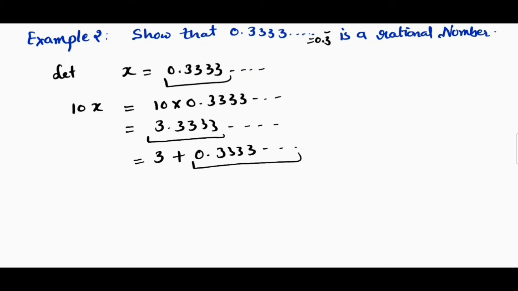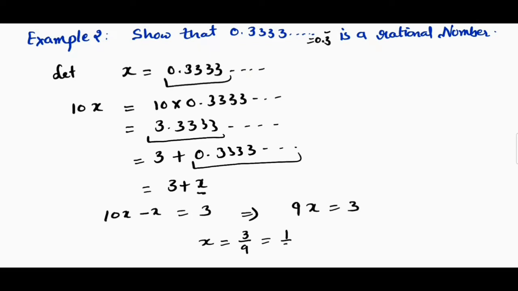So here I'll put this value. This will become 3 plus x. So now I will solve this equation for x. So this will become 10x minus x, I will take this x to the other side, is equal to 3. So I will be left with 9x is equal to 3. So here x is equal to 3 by 9, which is equal to 1 by 3.